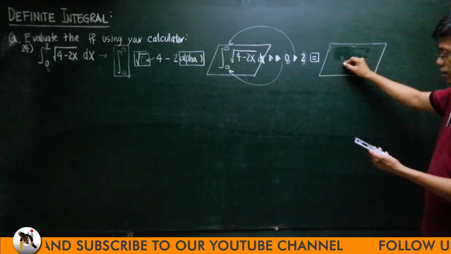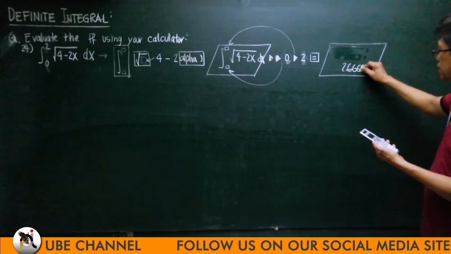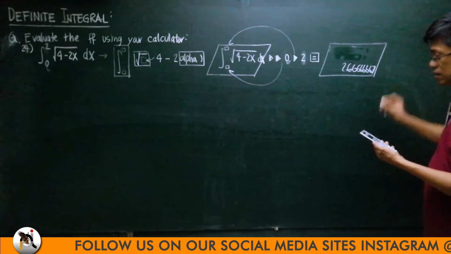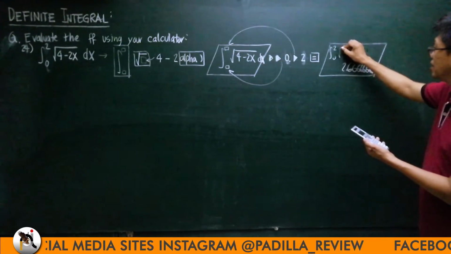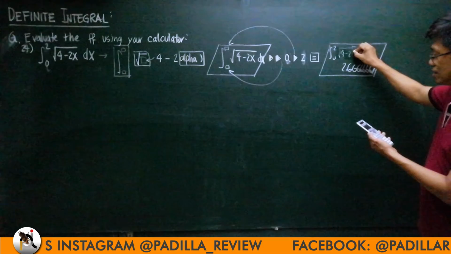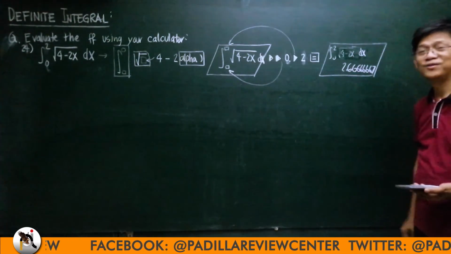You will get 2.66666667. So the display in your calculator is the integral from 0 to 2 of square root of 4 minus 2x dx, equal to this. You follow? You get it?